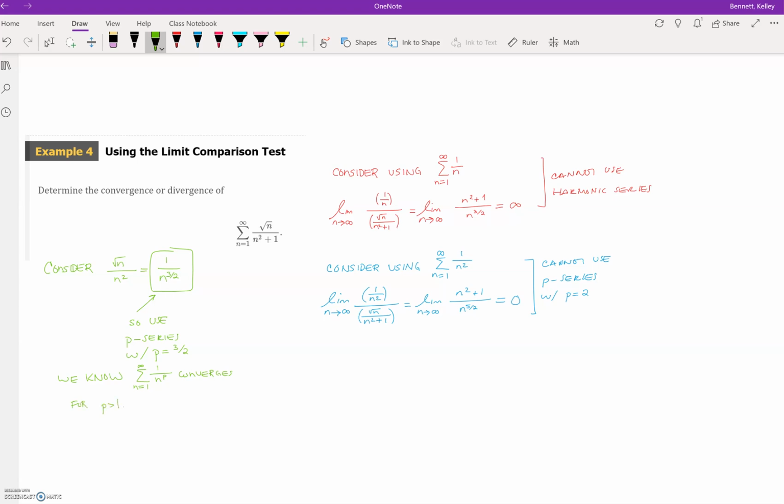Right, so we know that the p-series converges for p greater than 1. So I'm going to use a p-series with p equals 3/2, and I'm going to run it through the limit comparison test and see if we get anything good. So let's go ahead and do that.